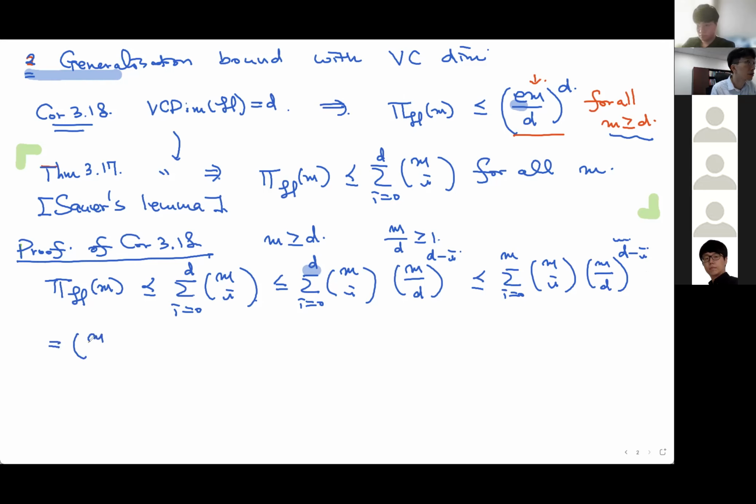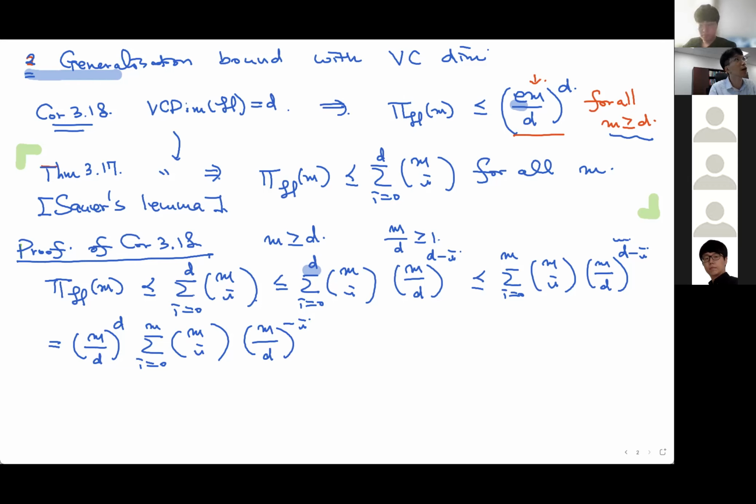So then we have m over d to the d times the summation from 0 to m of m choose i times m over d to the minus i. If you reach this far, you can see that we are almost there.